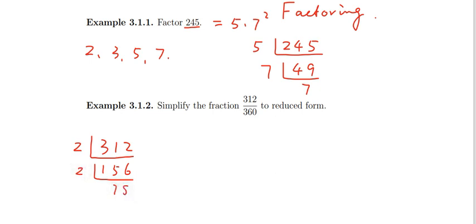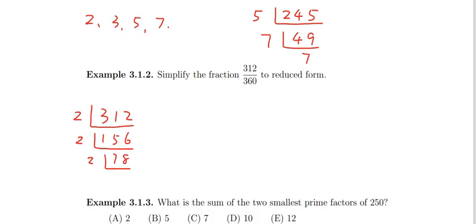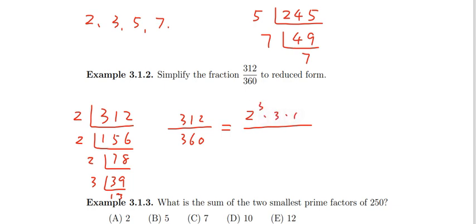So 78, still we can divide by 2, right? Then 39, and 39 we can divide by 3, so 13. So we can say this number, 3126, we can factor as 2 times 3 times 3 times 13.